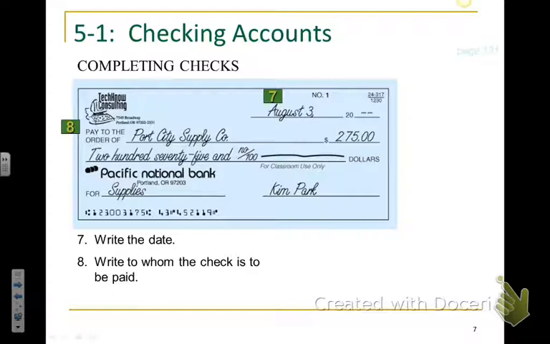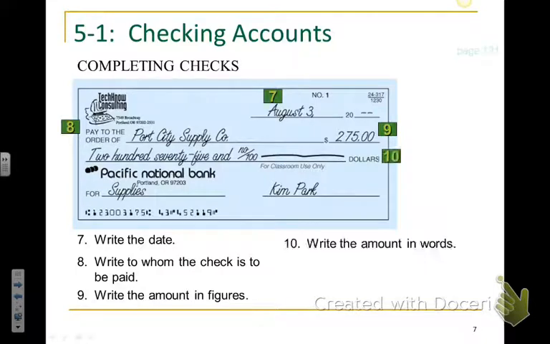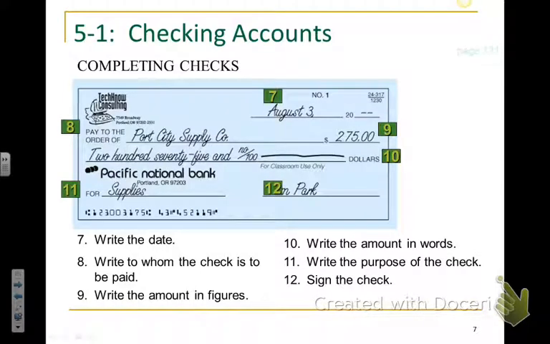Then we're going to write the amount in figures, write the amount in words. We're going to write the purpose of the check here in the memo, and then we're going to sign the check. The person who signs has to be an authorized signer for that company.